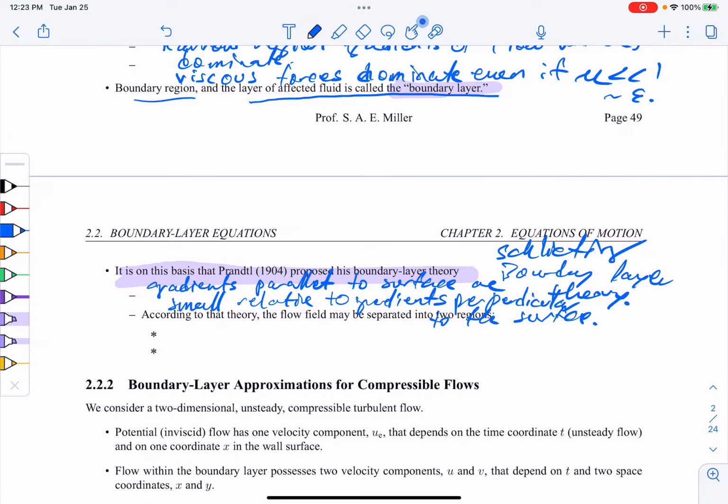So very, very close to the surface, you would think that terms like partial u, partial y are going to be huge, and partial u, partial x would be very, very small. And indeed, measurements show this.